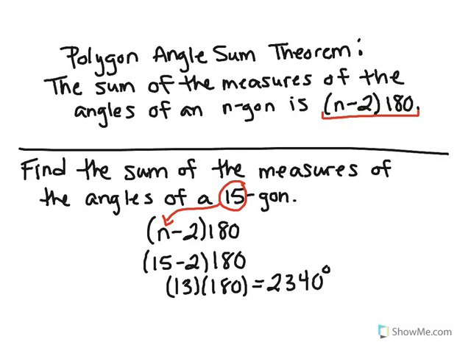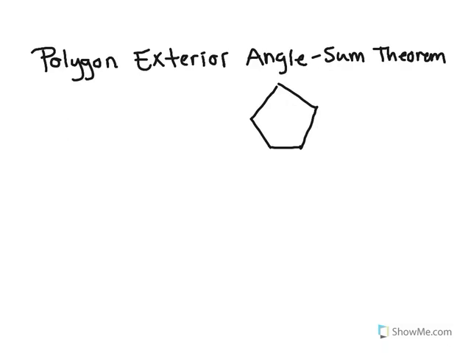And we have one more theorem that goes along with this to look at, and then we're all done. So let's look at the next one. The next theorem is called the Polygon Exterior Angle Sum Theorem. And this is built off of me extending all of the sides of my polygon so that I have exterior angles.